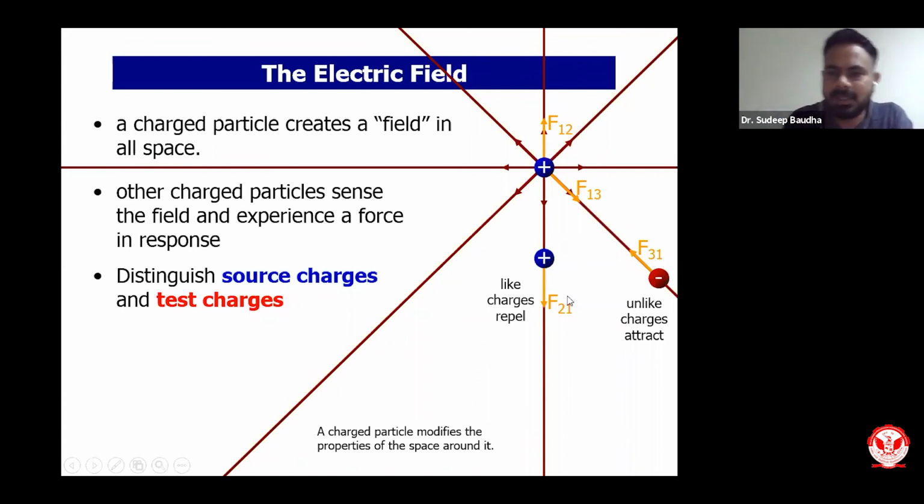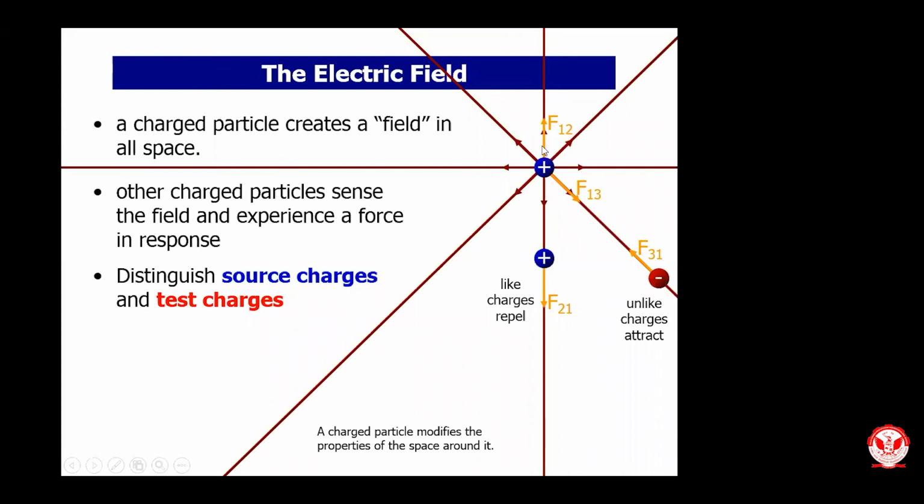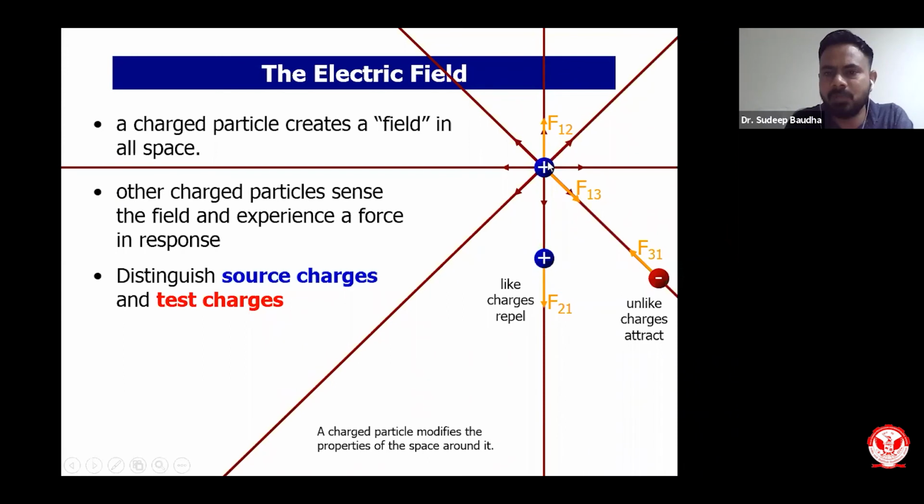Now let us see, I have indicated two or three charges. Generally, the direction of electric field is always emerging out of a positive charge. That is our understanding. As you can see, this is a positive charge, so it will have a repulsive effect.